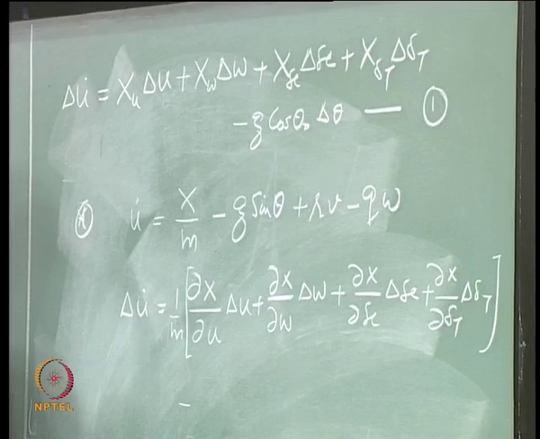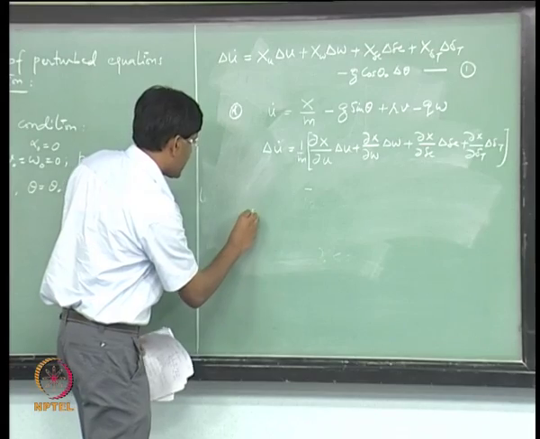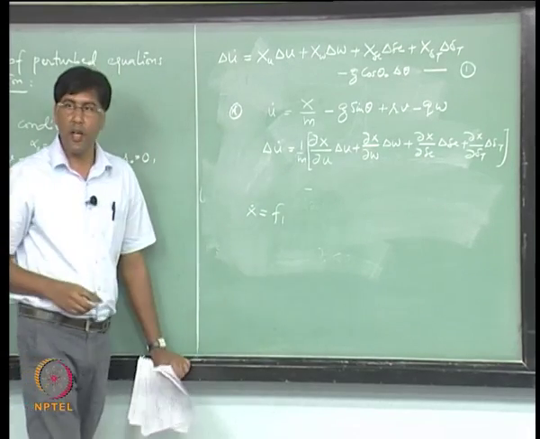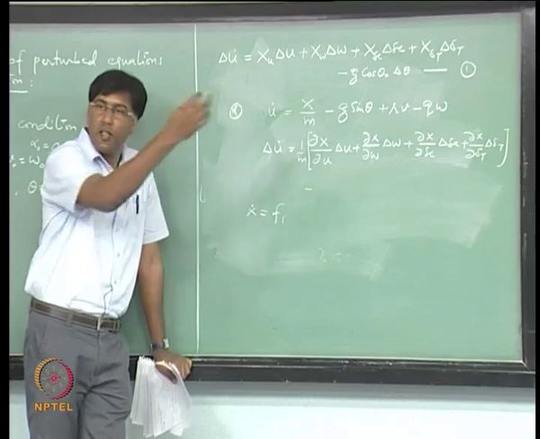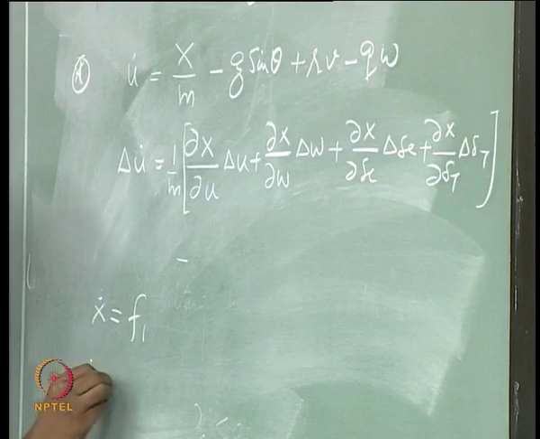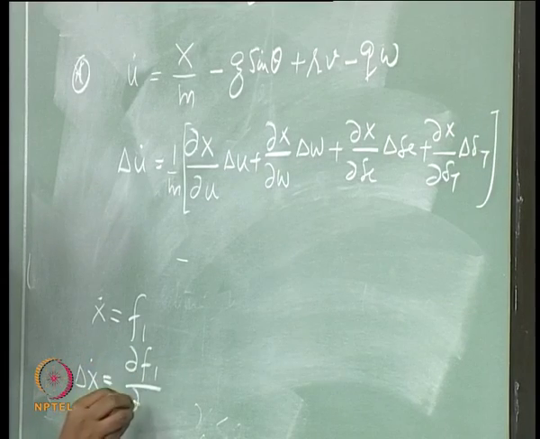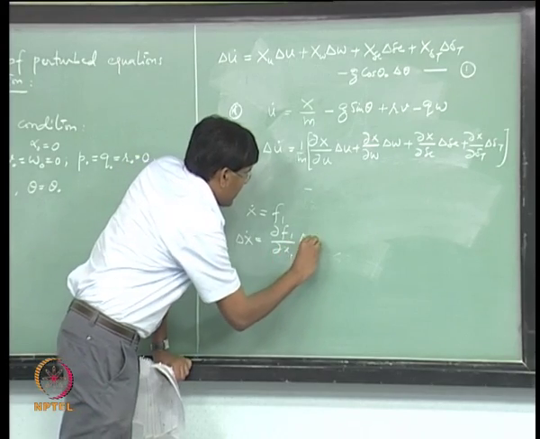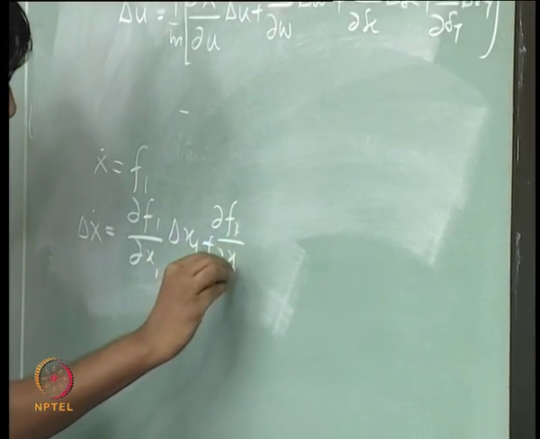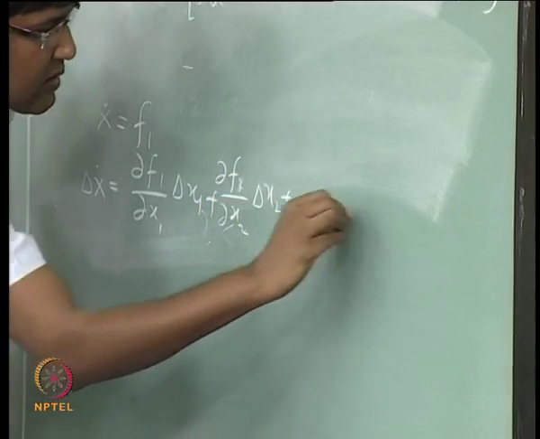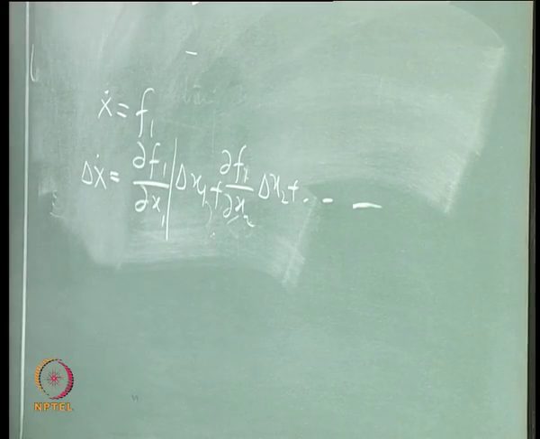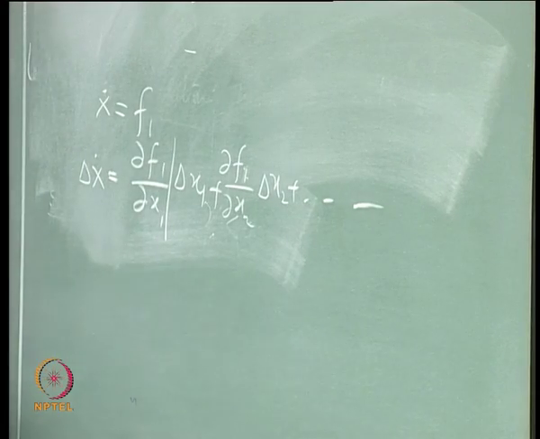You know this? So, if you have a function which is x dot equal to f1, and this f1 is a function of several other variables, then this delta x dot is, and so on, and you have to evaluate these derivatives at the equilibrium condition.